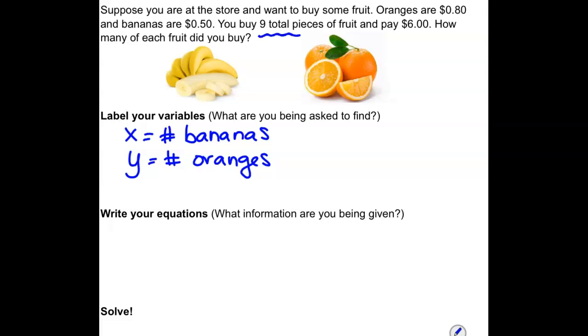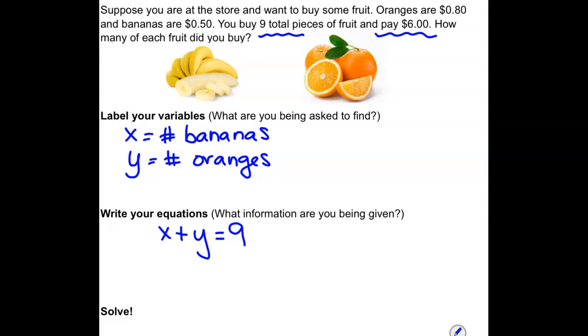One total just tells me how many pieces of fruit I'm buying, and the other involves how much it costs, the money. So let's look at just how many we are buying. We said x stands for the number of bananas I buy, and y stands for the number of oranges. If I add those together, it says I bought 9 total pieces of fruit. So one of my equations would be x plus y equals 9.